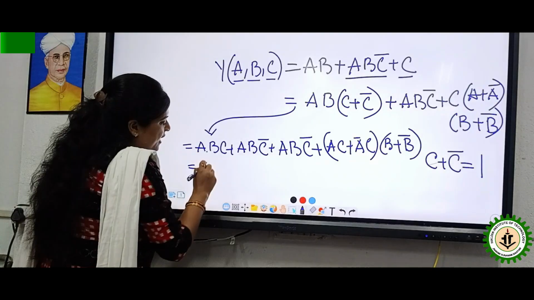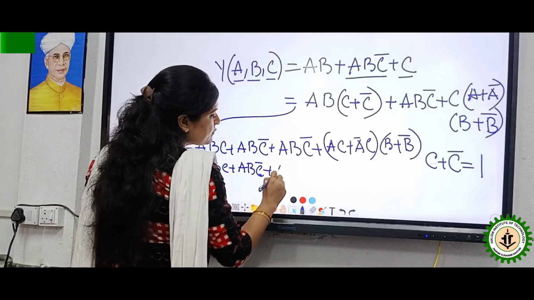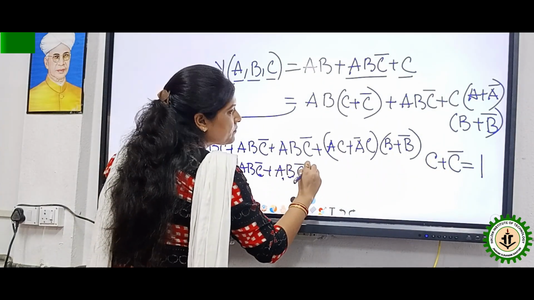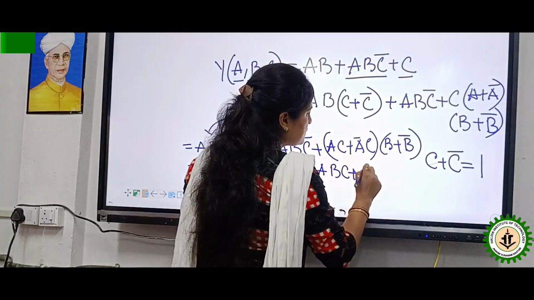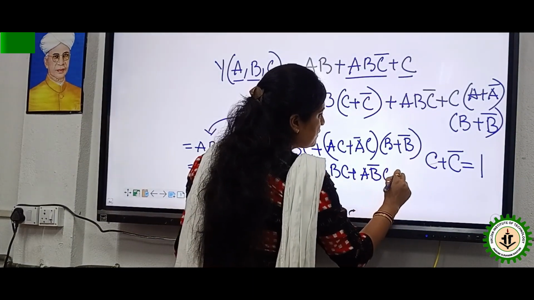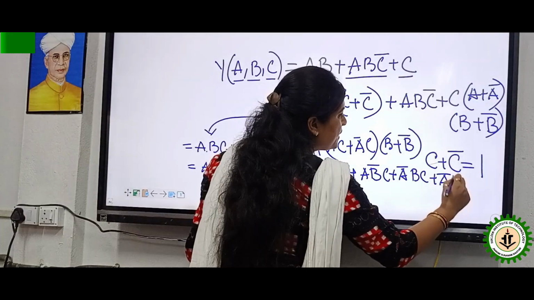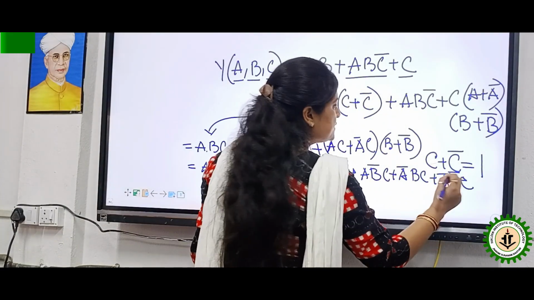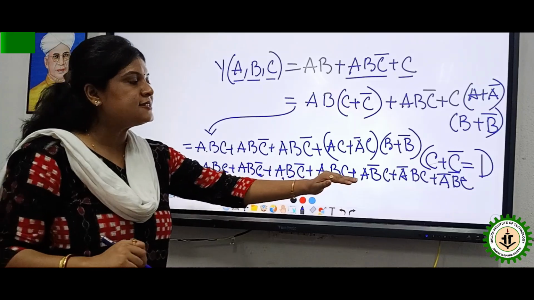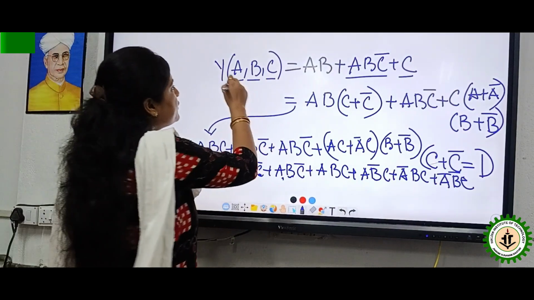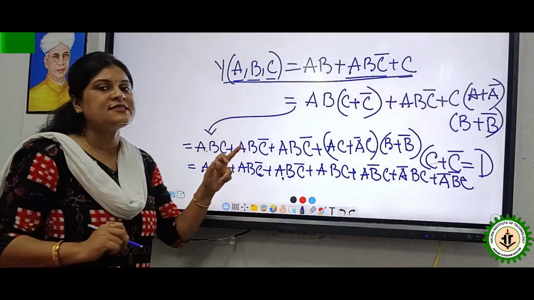Again, in the next step, we can write it as A, B, C plus A, B complement C plus A complement B, C plus A complement B complement C. Now we can say that this is the canonical form of this expression where all the variables are present in each term.